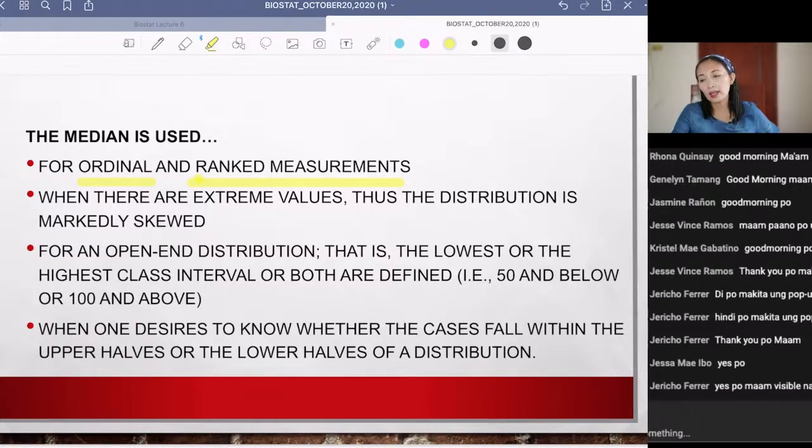The median is used when there are extreme values, so the distribution is skewed, not normal. It is used for open-ended distributions, where the lowest or the highest class interval is not defined. And when one desires to know whether the cases fall within the upper half or the lower half of the distribution, you want to see location.